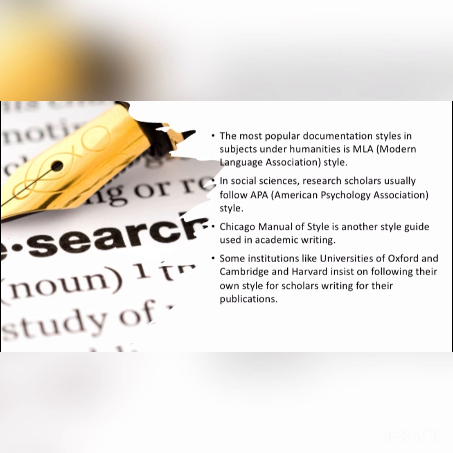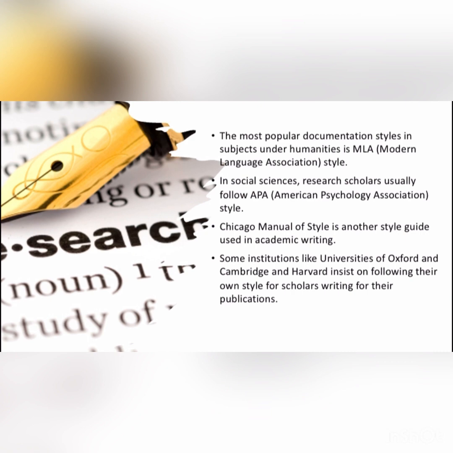If you are writing an essay or a research paper in literature, then definitely you need to follow the MLA style because it comes under the humanities subject. And in social sciences, research scholars usually follow APA style, that is American Psychological Association style. That is another kind of style.